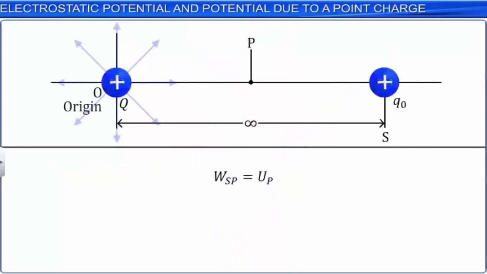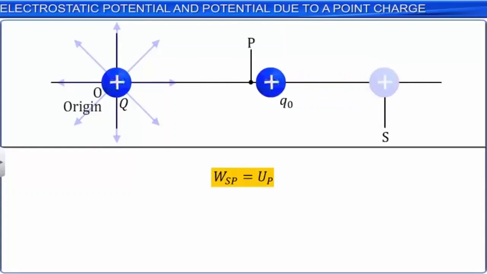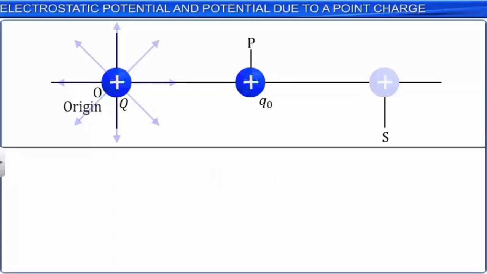That is, the work done to bring the charge Q0 from point S at infinity to P is equal to the potential energy of Q0 at point P. Since the force on charge Q0 due to any static charge configuration is F equal to Q0 E, the work done will be proportional to Q0.